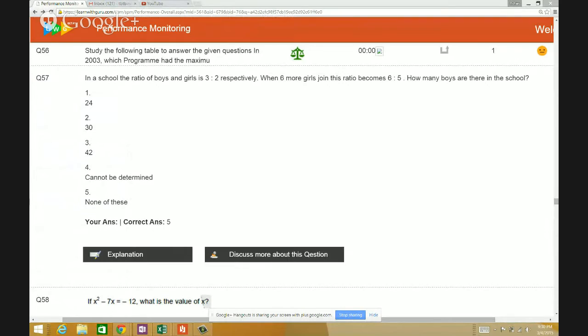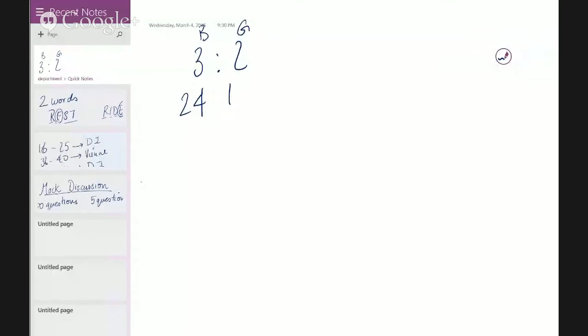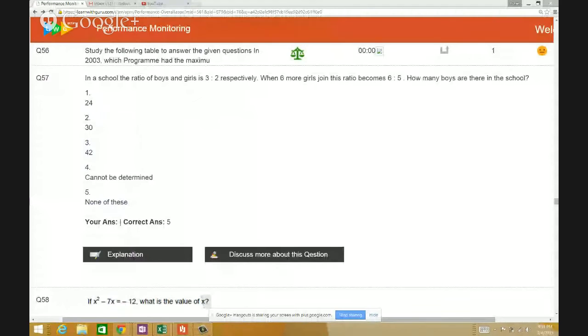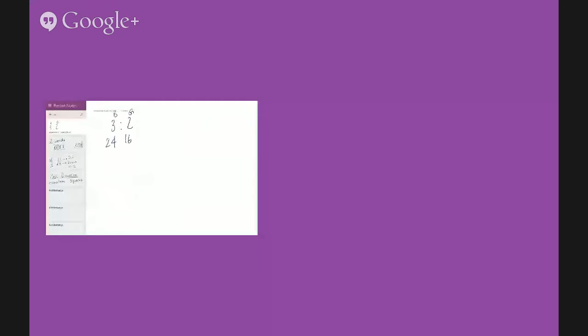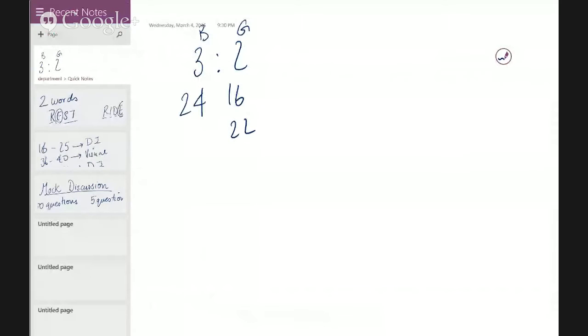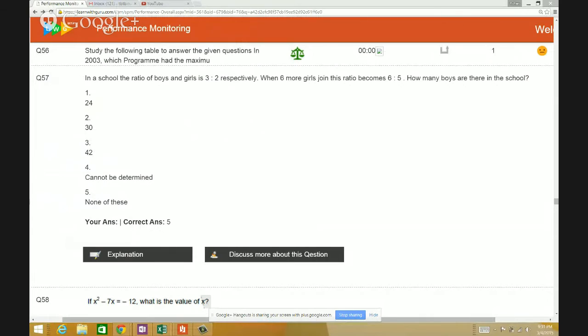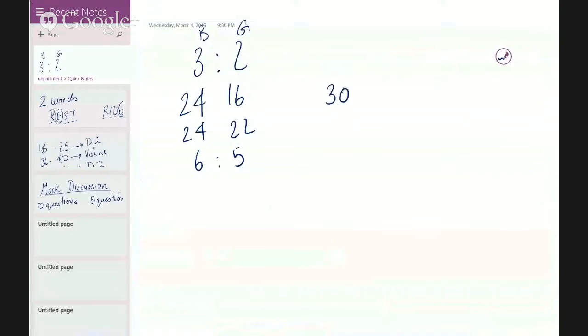Let's start with 24. If boys are 24, girls are 16. 6 more girls are joining, so girls become 22. So boys still 24. Is this 6:5? No, so 24 is not the answer. Let's take another option. You have 30. If 30 is boys, 20 is girls. And if 6 more girls join, it becomes 26. Is it not again 6:5?